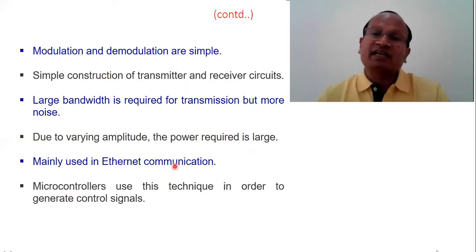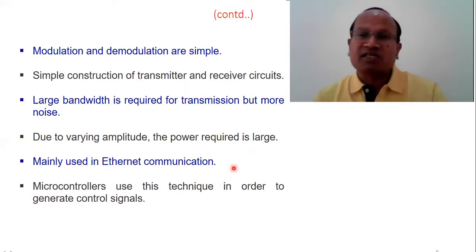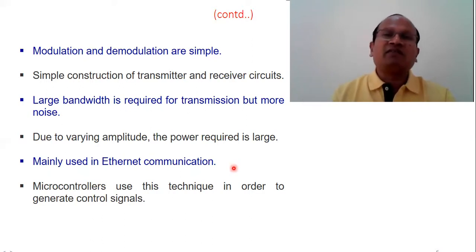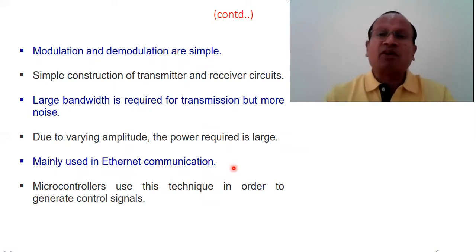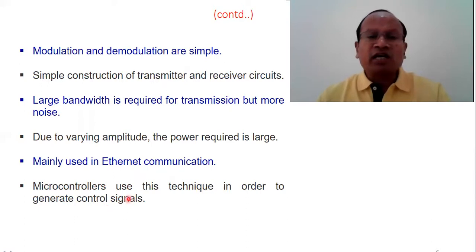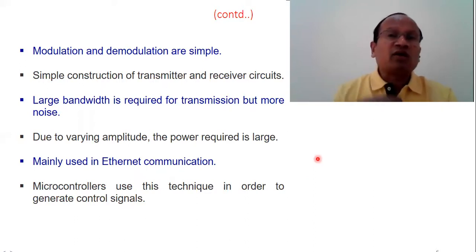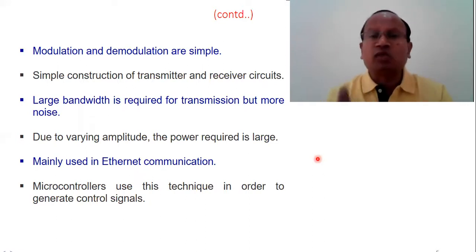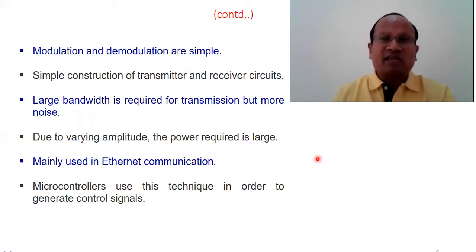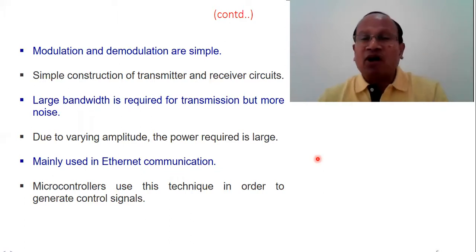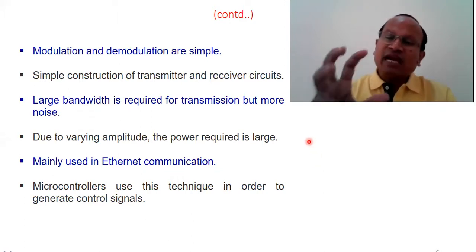It is mainly used in Ethernet communication, where we transmit the signal in the form of pulses, especially optical pulses in optical communication systems. Microcontrollers use this technique in order to generate control signals. In microcontroller based operations, we need signals in the form of pulses, and when the input amplitude is changing, the pulses which are sent to different blocks or different operations must vary in amplitude.